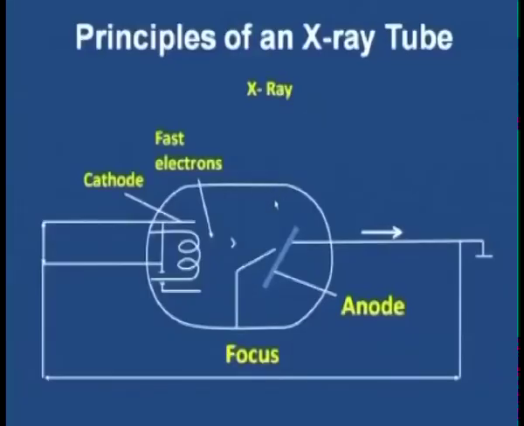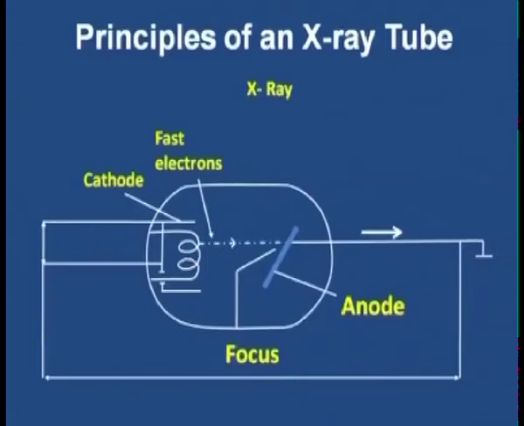So, the principle of an X-ray tube is shown here. What you have here is a cathode, and you have an anode here. The cathode is a filament from which, upon heating, normally thermionic heating, electrons are coming.